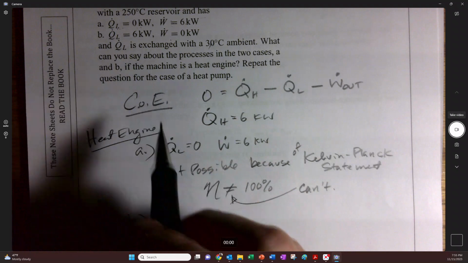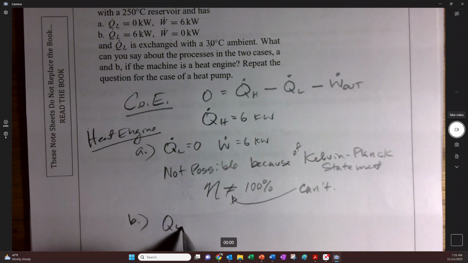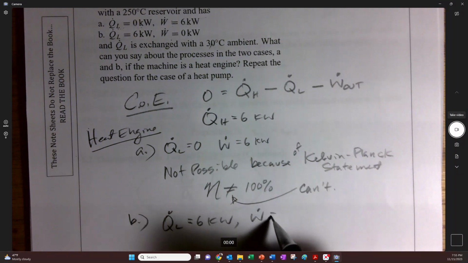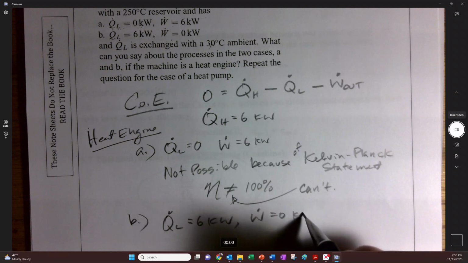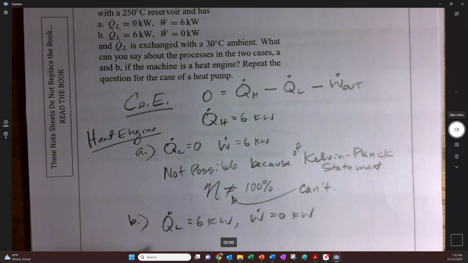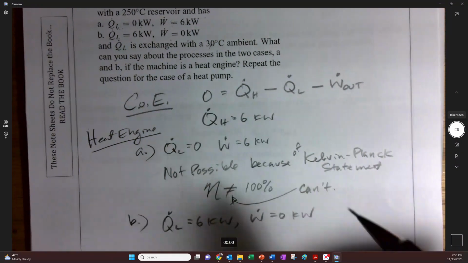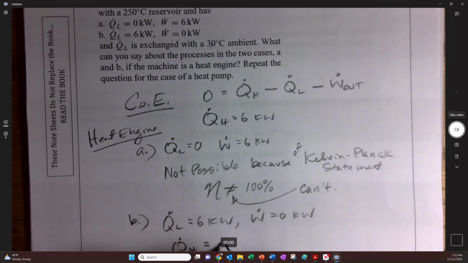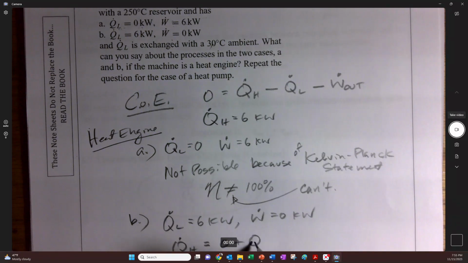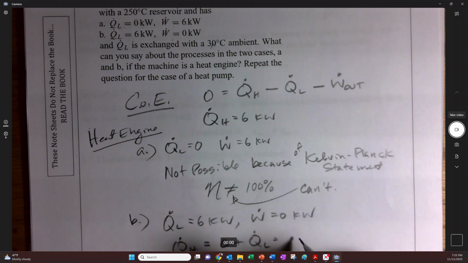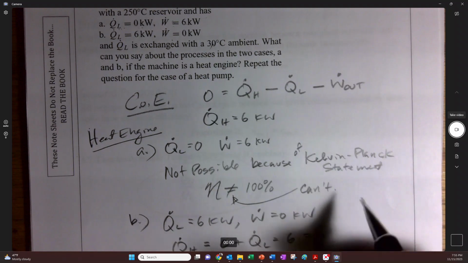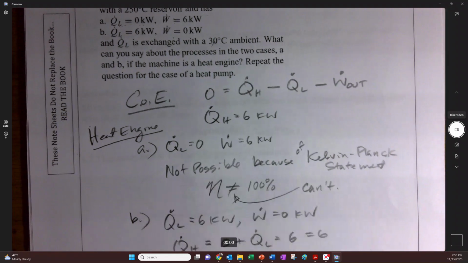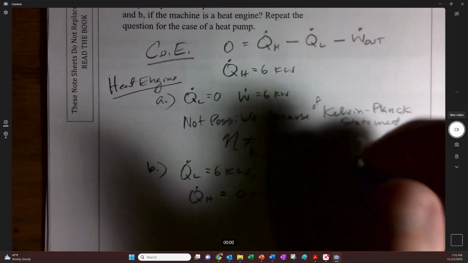B, we have a situation where we have QL dot equals 6 kilowatts, and then the work's doing nothing. Well, you could have that, I guess, because why not? Just throw it all away. Because what you would be saying up here is QH is just going to be equal to 0 plus Q dot L. All right, so you'd have that 6 equals 6, and that's true.